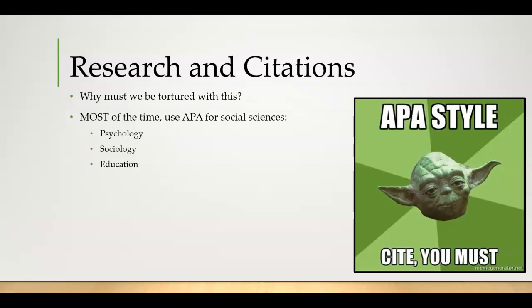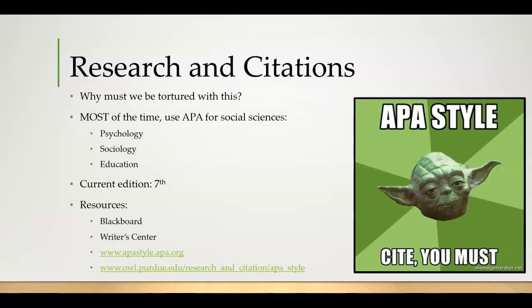But the same goes for the other social sciences, including sociology and education. We're currently in the 7th edition, so keep an eye out for that. And I'll try to keep some resources posted in Blackboard. We always have the Writers Center at Coastal if you need it, and here are a couple helpful websites if you ever need a brush up on APA style.